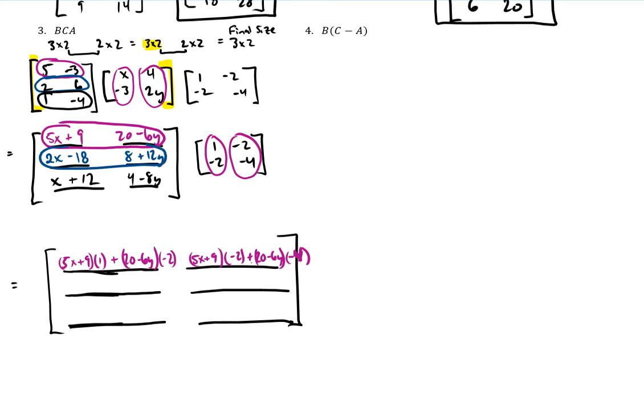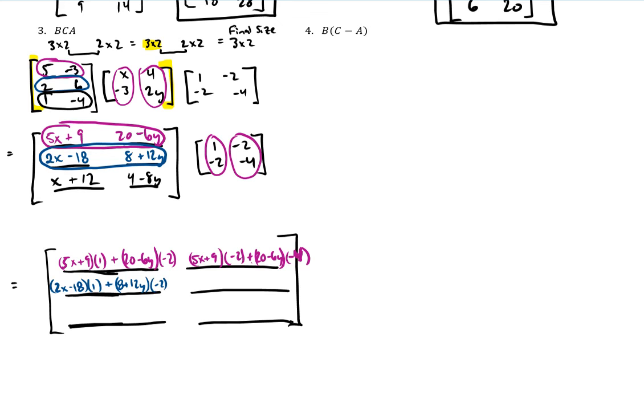Let's now do our second row times those 2 columns. So we have 2x minus 18 times 1. And then plus the 8 plus 12y. Oops, that's a 2. I need 12. So 8 plus 12y in parentheses times the negative 2.